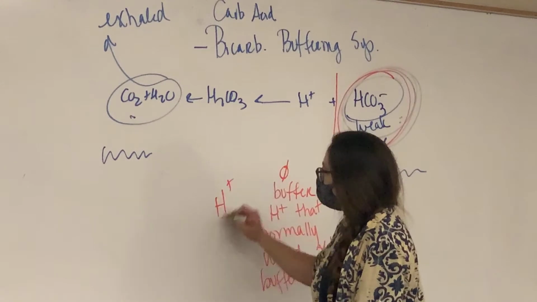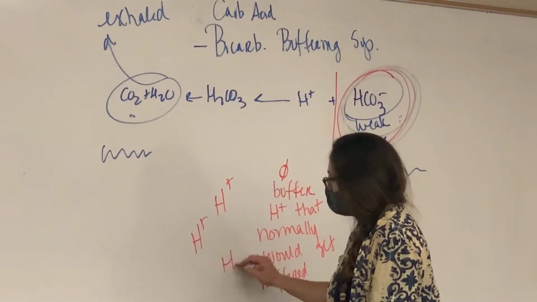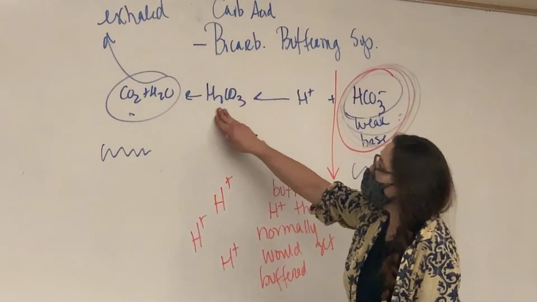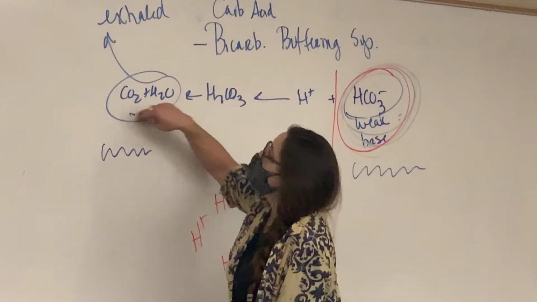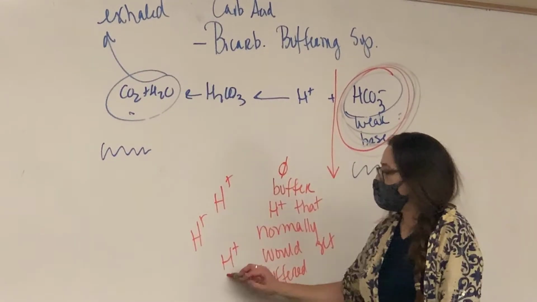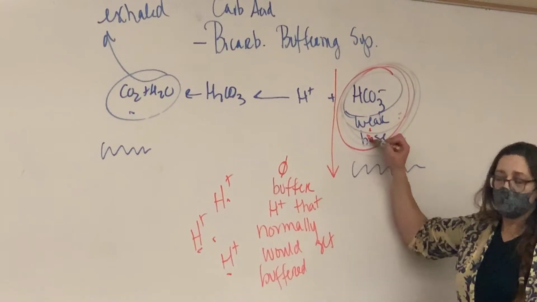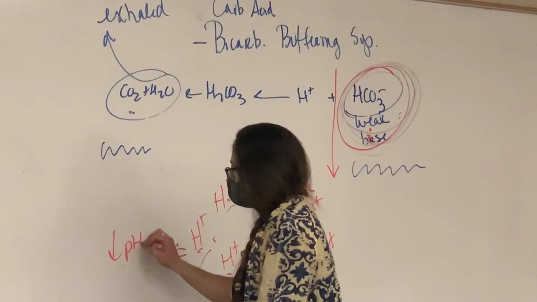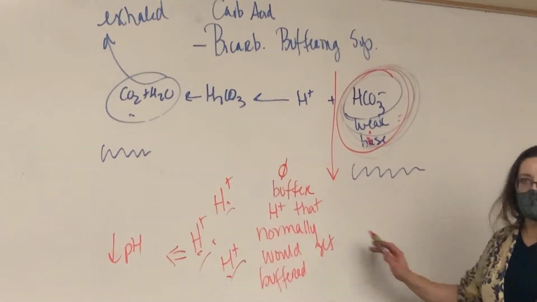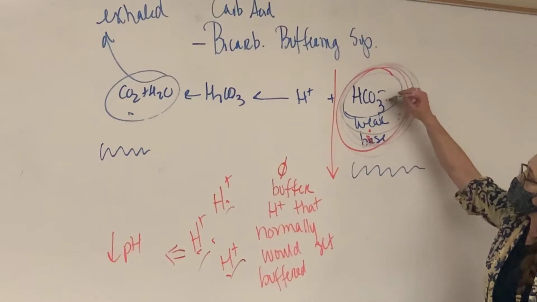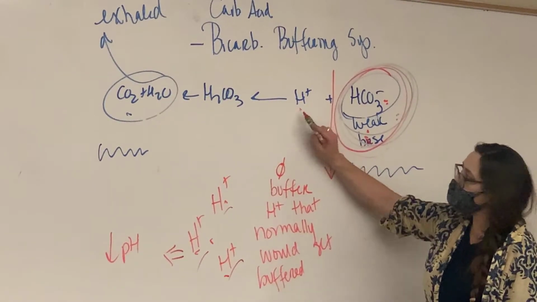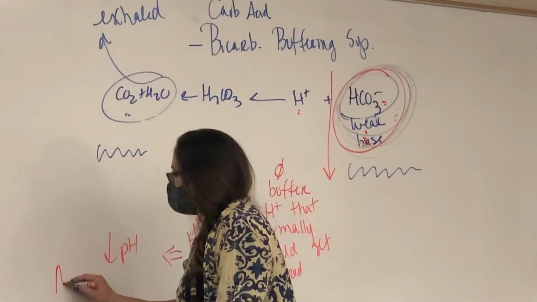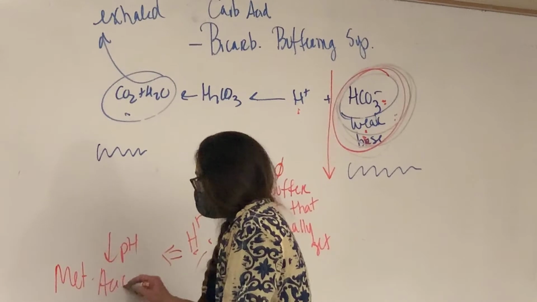You have all of these hydrogens floating around that normally would get buffered by this, that would form carbonic acid, that would be eliminated through the respiratory system. And now they're building up because you have so little of this. And as these guys start to build up, your pH drops. So it has nothing to do with CO2 levels. It's because you have so little bicarb, you can't buffer enough of these like you normally do. They build up, your pH drops, metabolic acidosis.